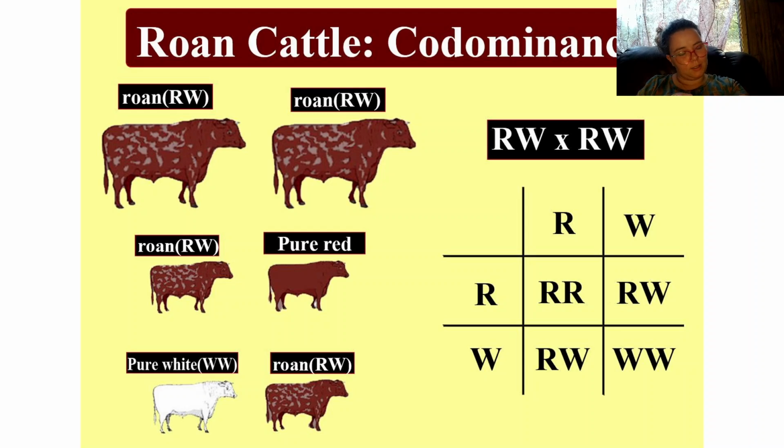Isn't always the case, as you can see by the genetics. You have a 50% chance of getting a roan calf and then a 25% chance of a red calf, 25% of a white calf, based on that Punnett square, which is cool and fun and interesting.